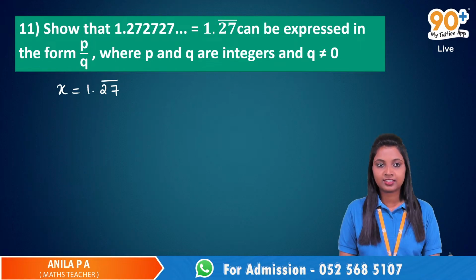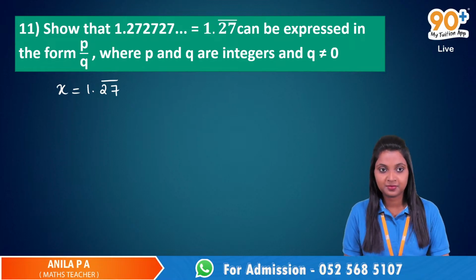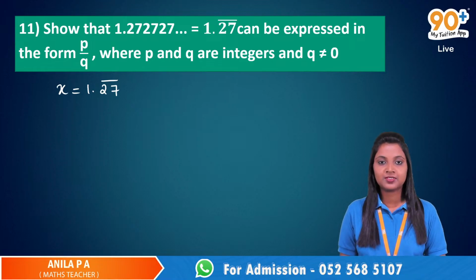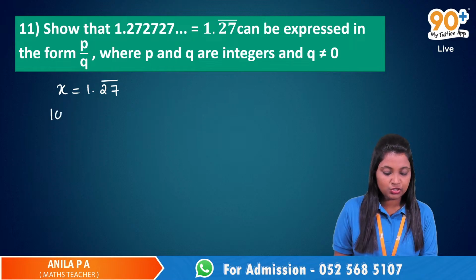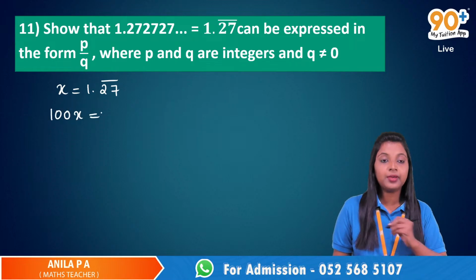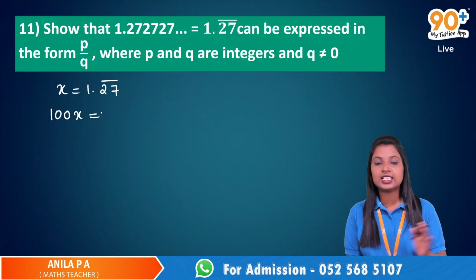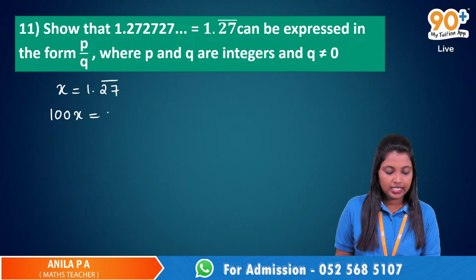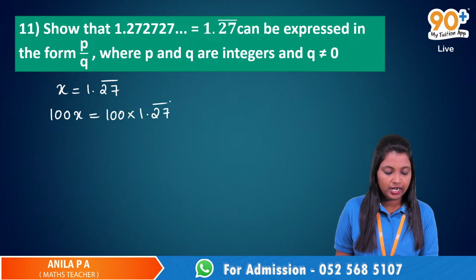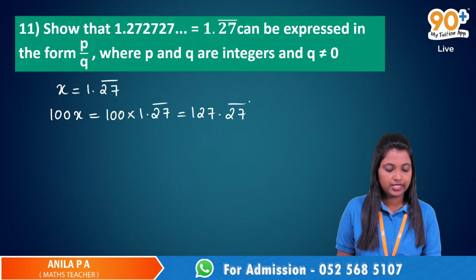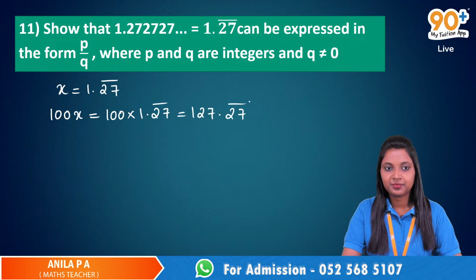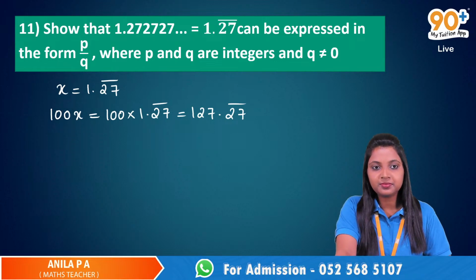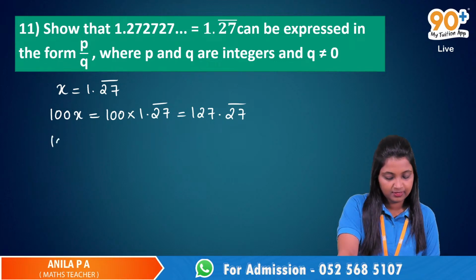Because there are 2 digits after the decimal point repeating, we multiply by 100. Yes, very good. So we get 100x is equal to 127.27, yes, 100 into 1.27 bar, that is equal to 127.27 bar.